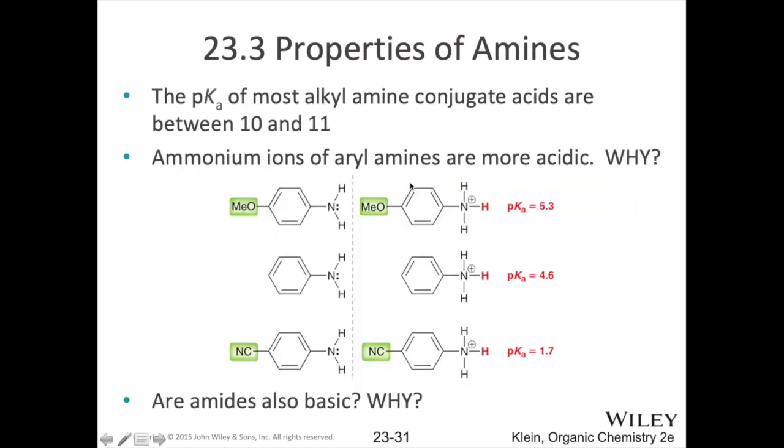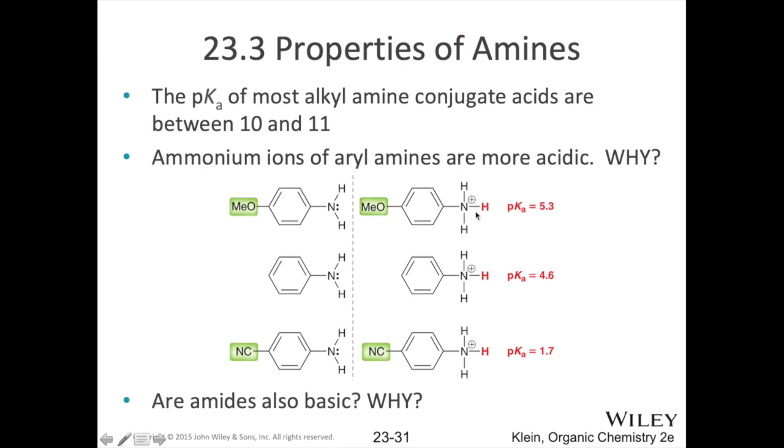Okay, I think I pointed out already that the pKa's of the ammonium ions of your aliphatic, your regular alkyl amines, is somewhere in that 9, 10, 11 ballpark, whereas it drops significantly for aryl ones. One thing to notice here is the effect of electron donating and electron withdrawing groups, right? So notice that an electron donating group here, like methoxy, generally increases your pKa, right? It's pushing electron density towards that positively charged nitrogen, stabilizing this ammonium ion.